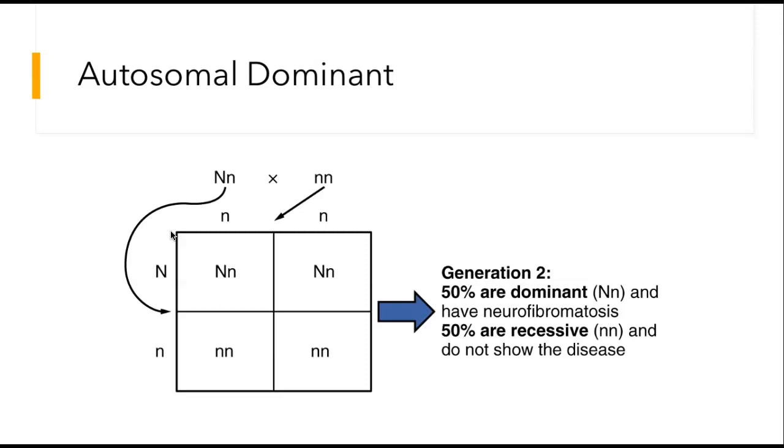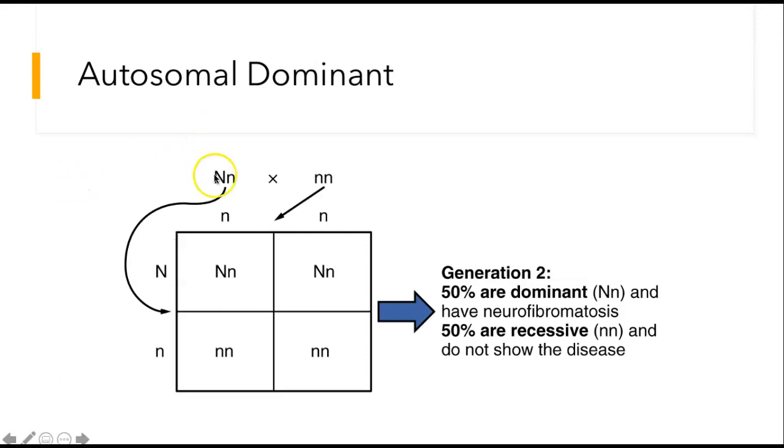Let's talk about when things are autosomal dominant. Autosomal meaning they're part of the non-sex chromosomes, and it's basically what we just talked about, where the dominant trait always takes over for the recessive. It always will dominate it, so you only need one copy of the allele to present the dominant trait.